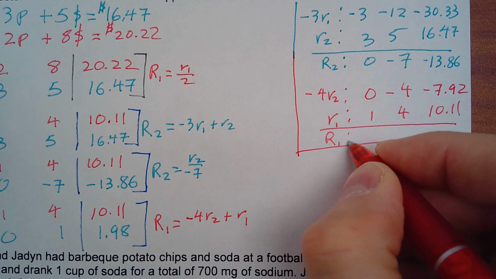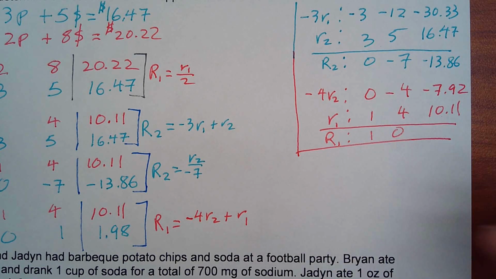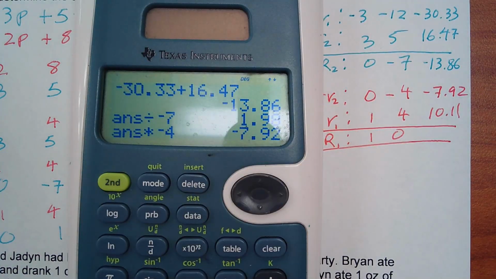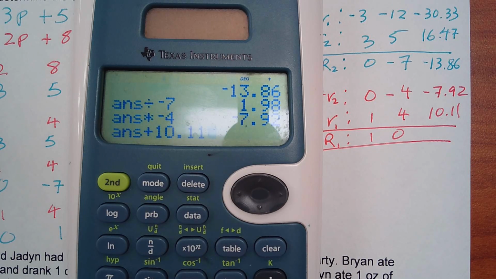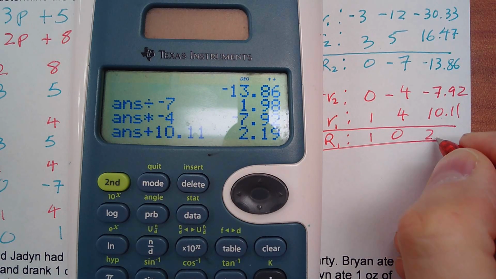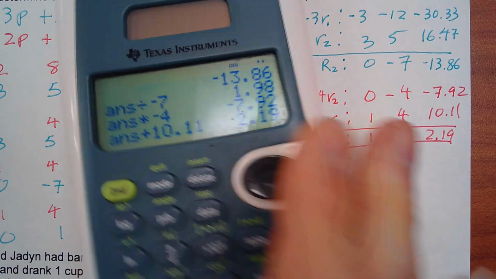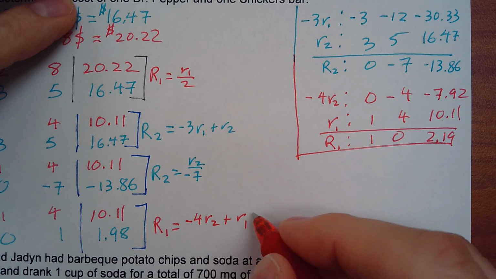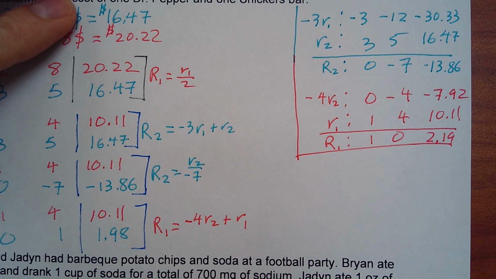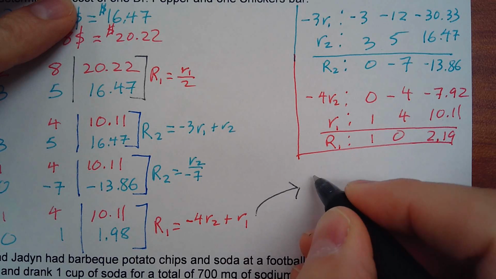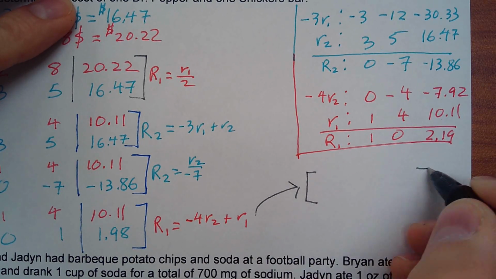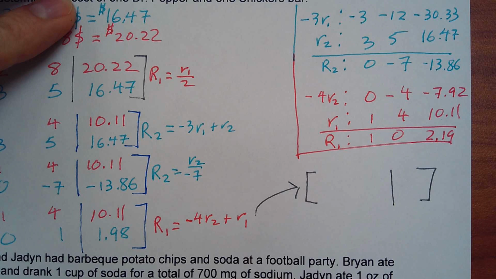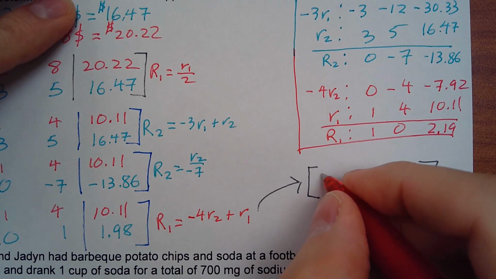My new row number 1 is going to be 1, 0, and that's add 10.11, $2.19. And so now I'm going to put this matrix here. I have to kind of squeeze it in here a little bit. That's okay. We'll make it work.